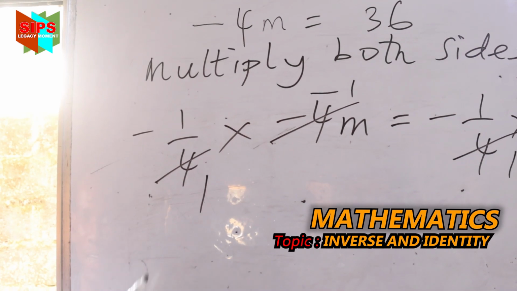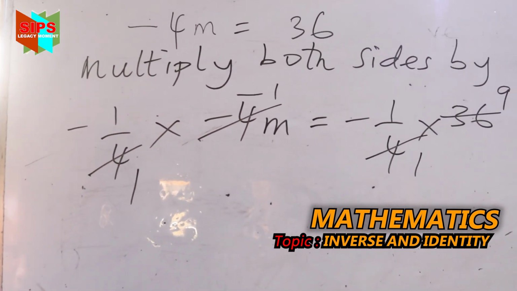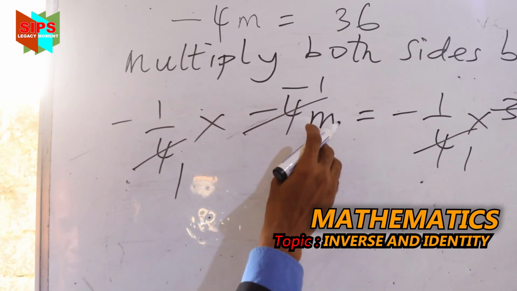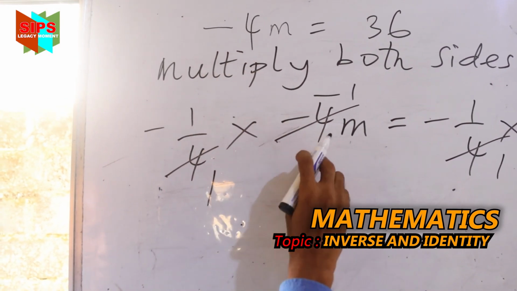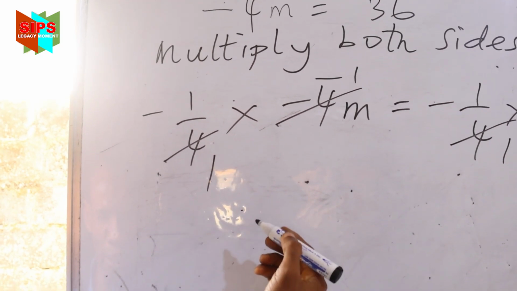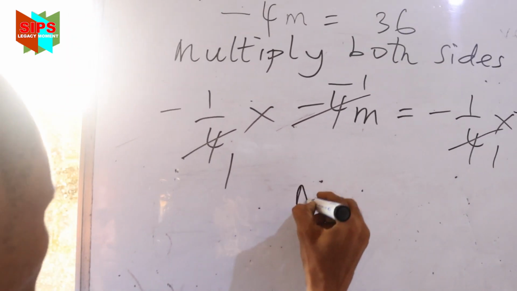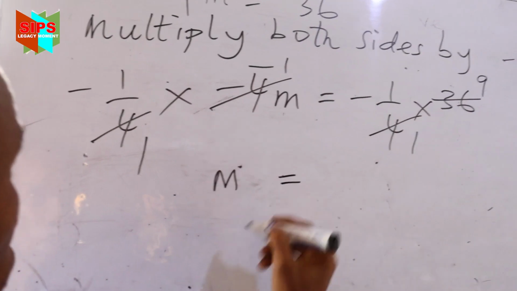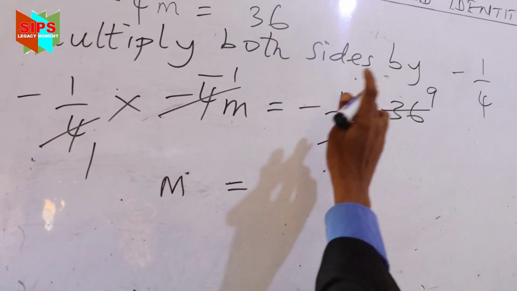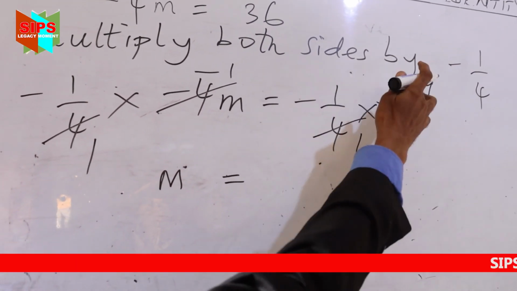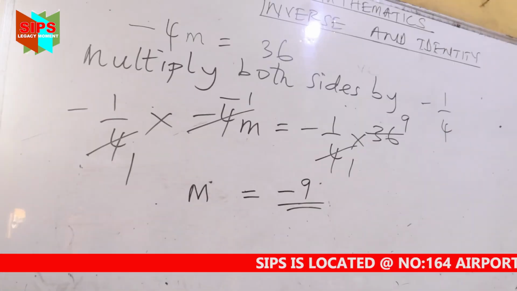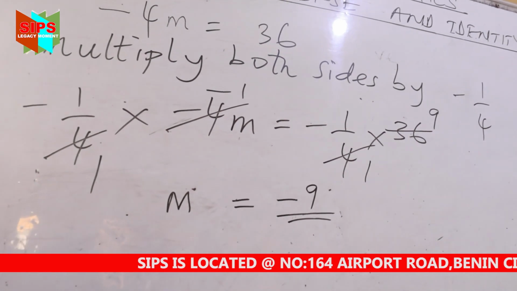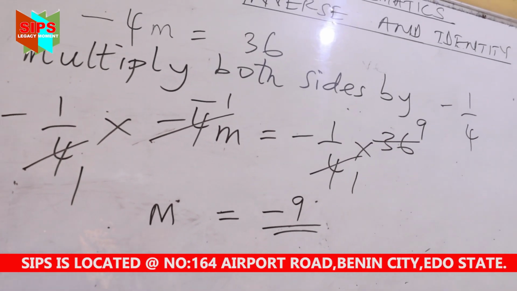Minus times minus, obviously you are having plus. And mind you, you're having m here. So minus 1 times 1m, you're going to get plus 1m, which is the same as m. So m is equal to minus 1 times plus 9, you're going to get minus 9. Beautiful. The answer, therefore, is minus 9.